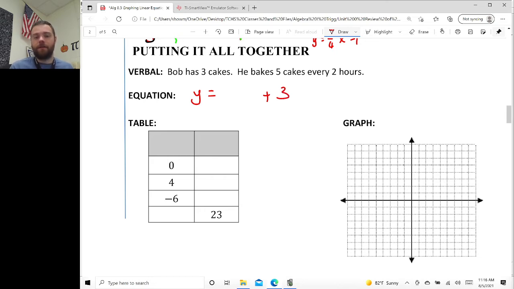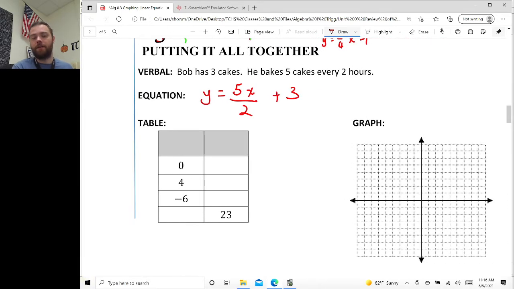And it says he bakes 5 cakes every 2 hours. So that's going to be 5 cakes times x over 2. And the division by 2, all that means is every 2 hours, I've got 5 more cakes.